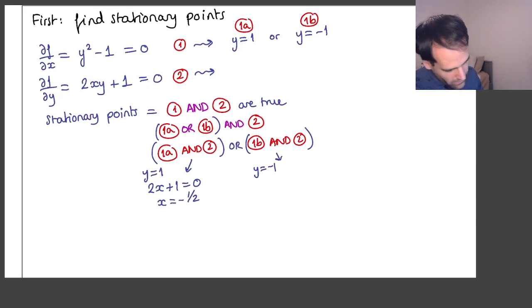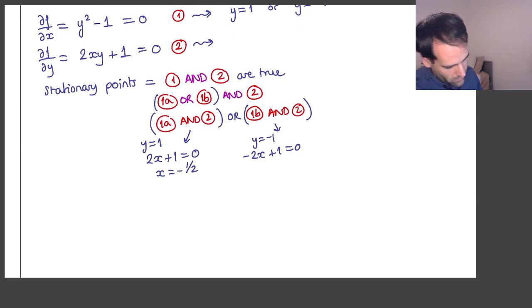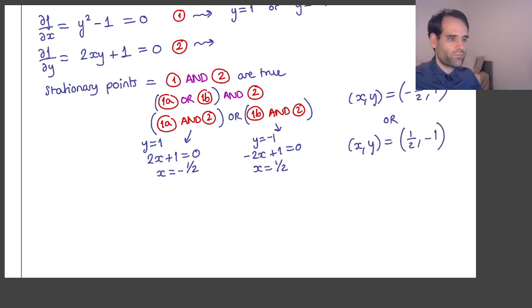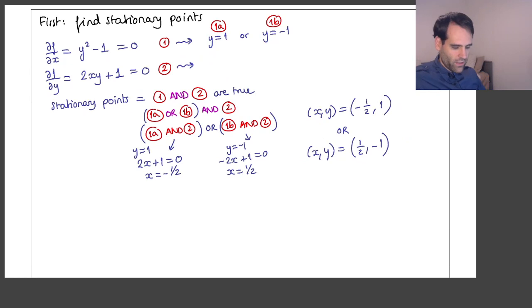So 2xy, that's minus 2x, plus 1 equals 0. So we find that x equals 1/2. We found two stationary points: (x,y) = (−1/2, 1), or (x,y) = (1/2, −1). These are the two stationary points for this problem.